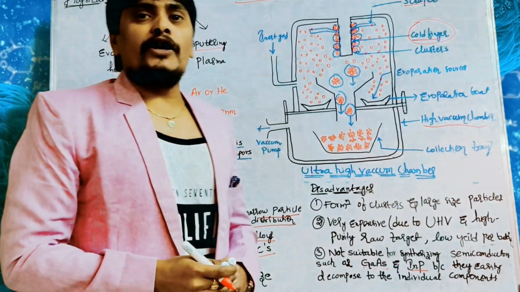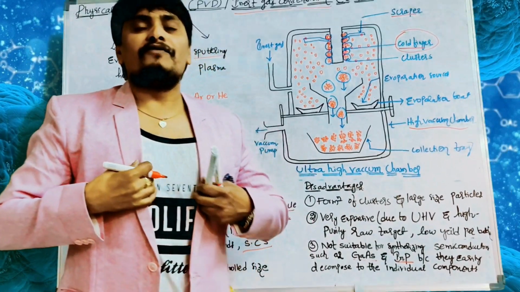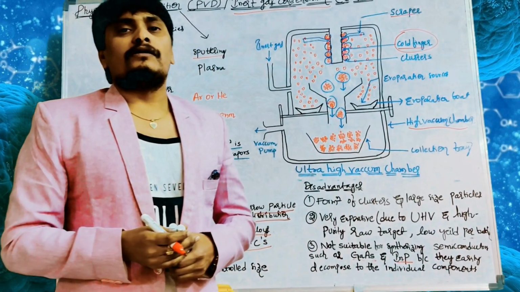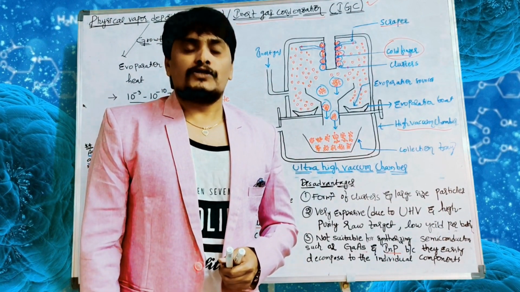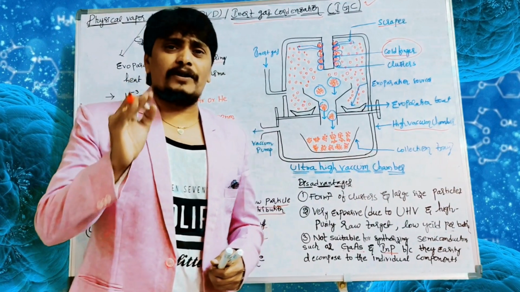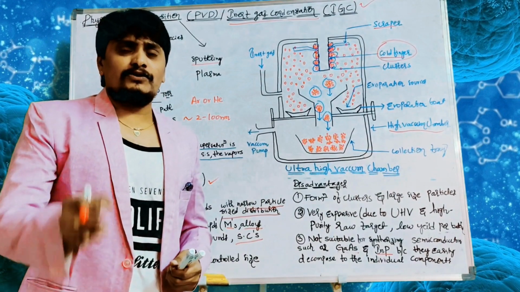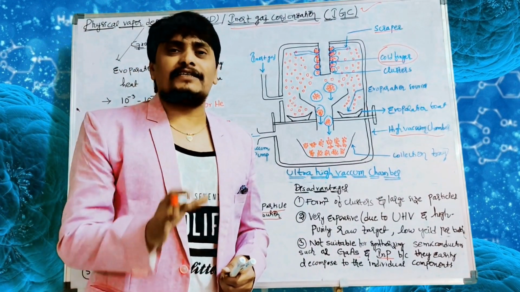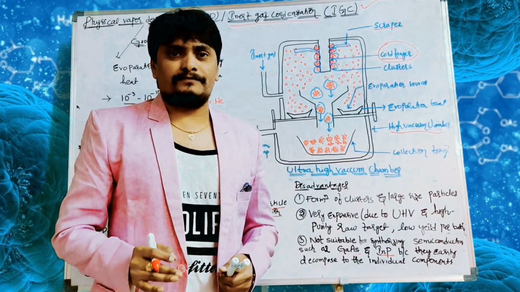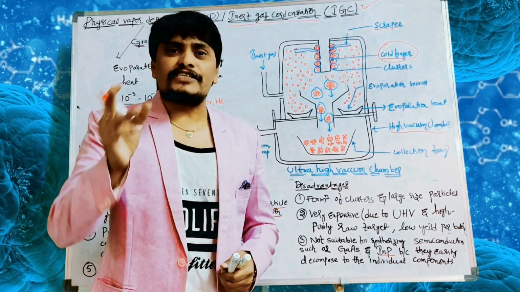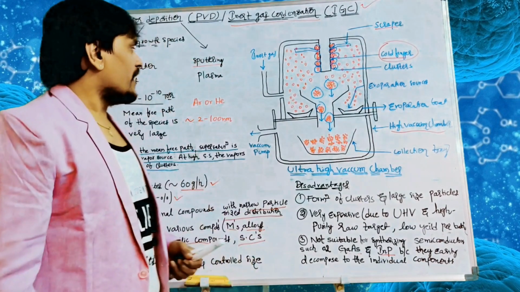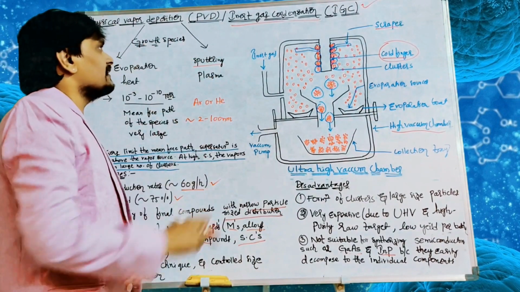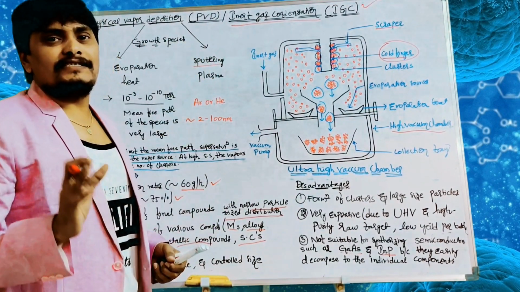I hope you understood this particular physical vapor deposition, students. Right? So if physical vapor deposition is asked, explain what physical vapor deposition is, categorize it into two groups, and explain about the two groups. Then you have to write inert gas condensation, which is the easiest technique.